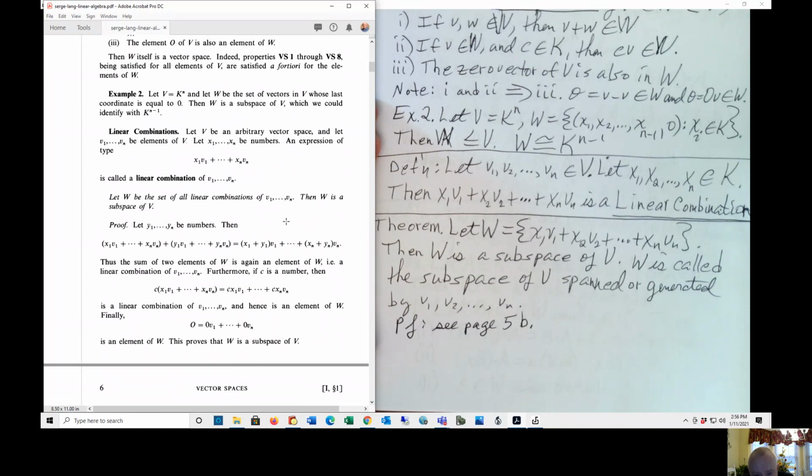Same thing with scalar multiplication. C times the linear combination, the scalar C distributes across addition, but then simply factor things out and you have that the result is a linear combination once again of v1 to vn.